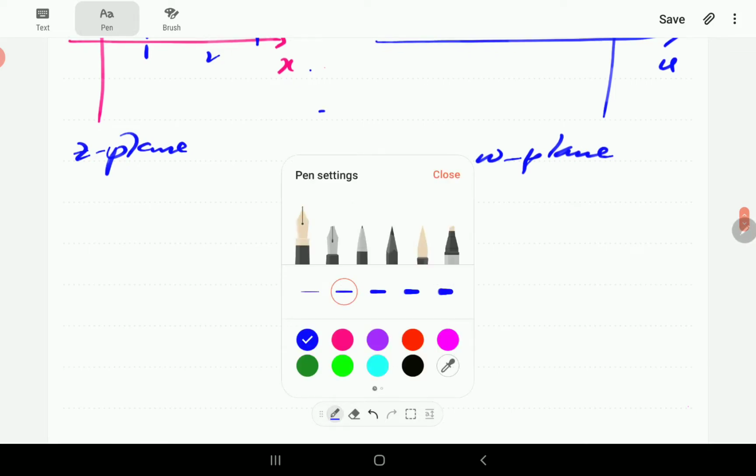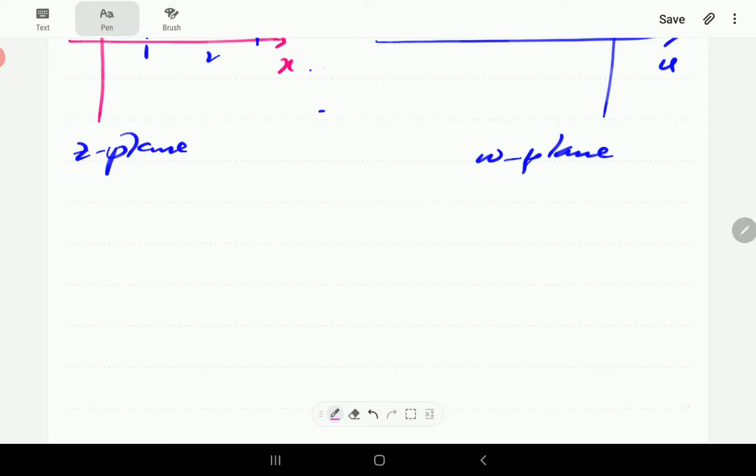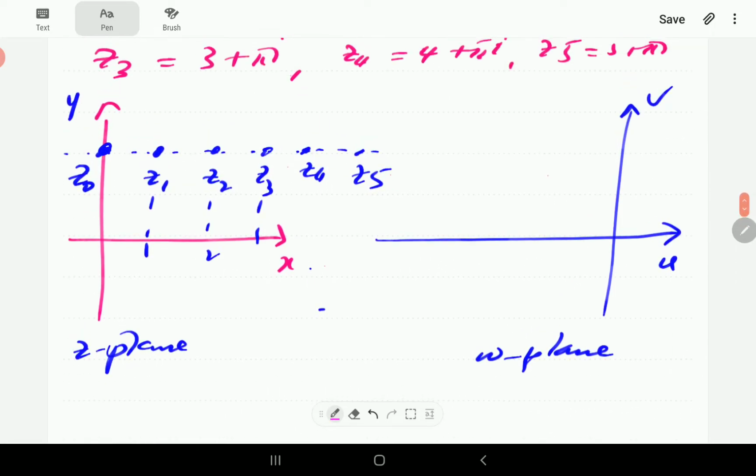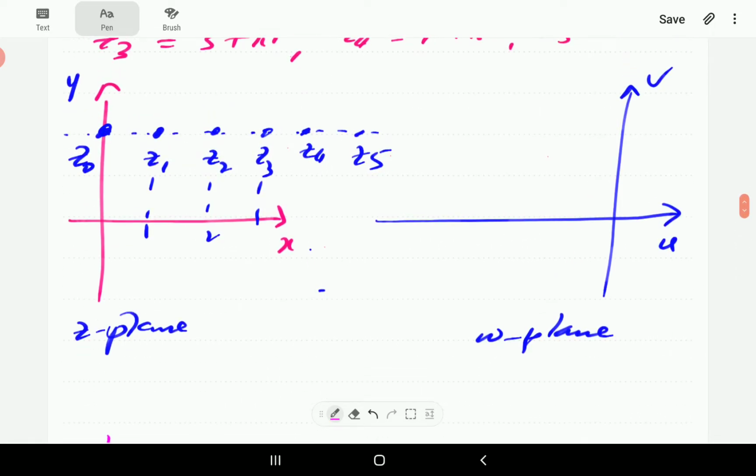Okay, so let's get straight onto it. What's going to be the image of z0? The image of z0 we call w0. We get that by simply plugging in z0 in the exponential function. It's going to be e to the pi i. e to the pi i is just -1.